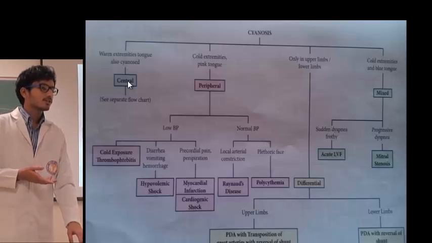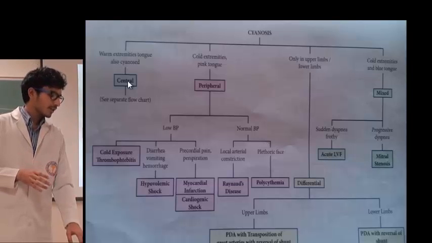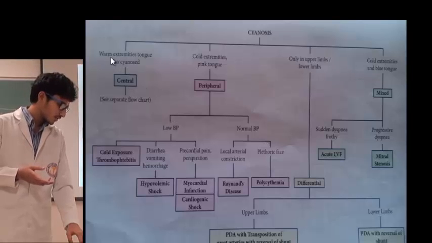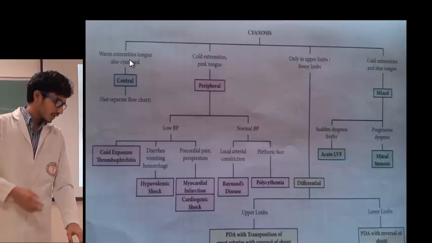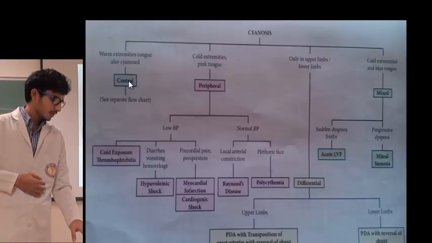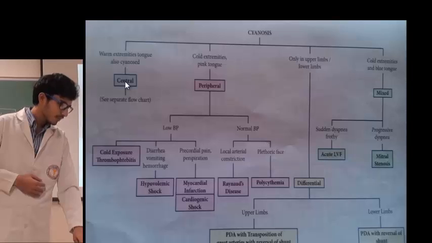In this case the extremities would be warm because the blood flow is not reduced, but the cyanosis can be seen in the tongue and other structures. So we can diagnose it as central, about which we will study in the next slide.